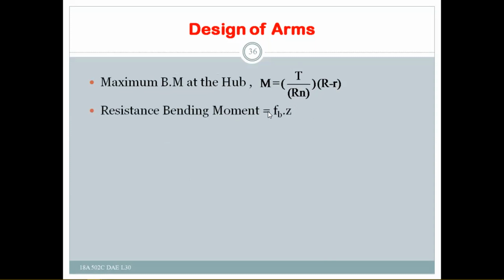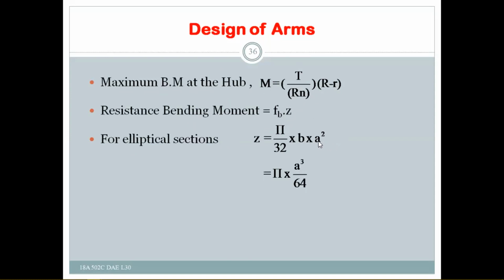So the resisting moment to this maximum bending moment is fb into Z, where fb is the maximum bending stress and Z is the section modulus of the arm. For an elliptical cross section, the section modulus is equal to pi by 32 into b into a square, whereas a is equal to 2b.